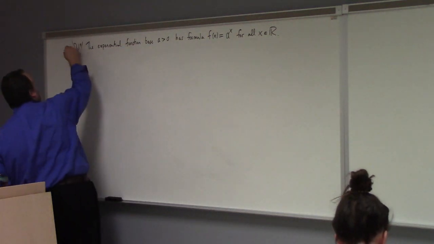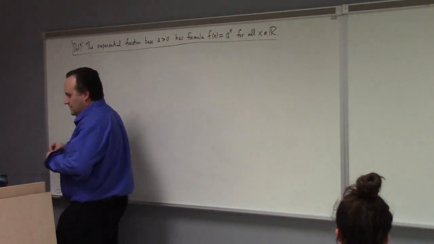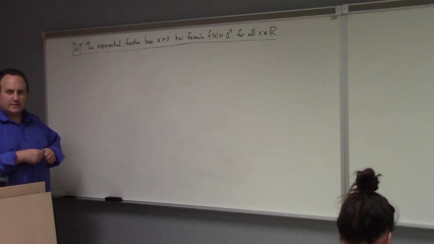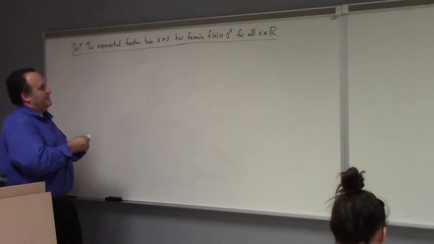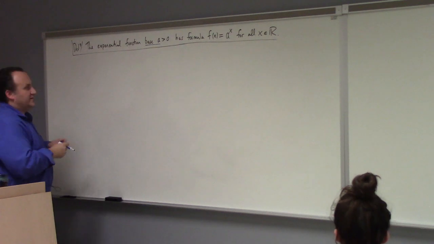In other words, that's the formula. All right, so wonderful. And let's just take a few minutes and graph the case. And the number a is called the base. All right, base. So let's look at base 2.